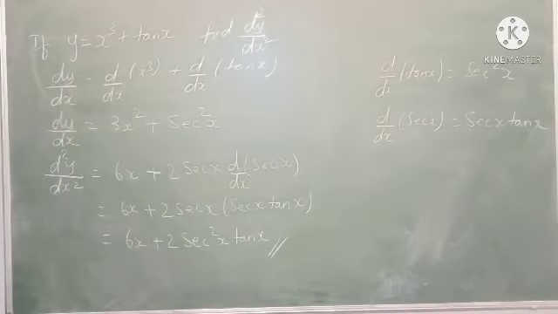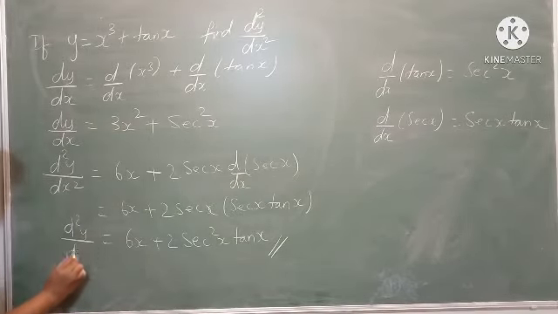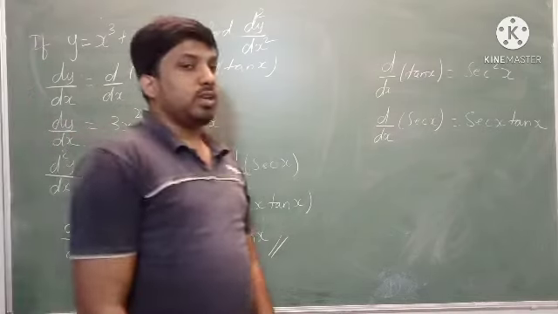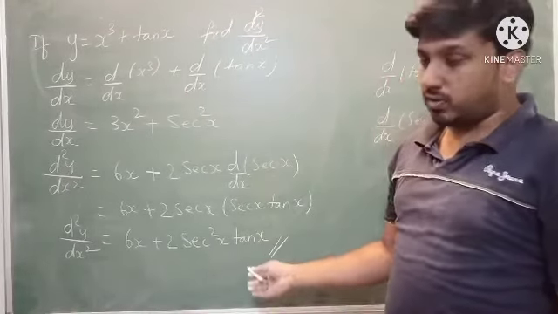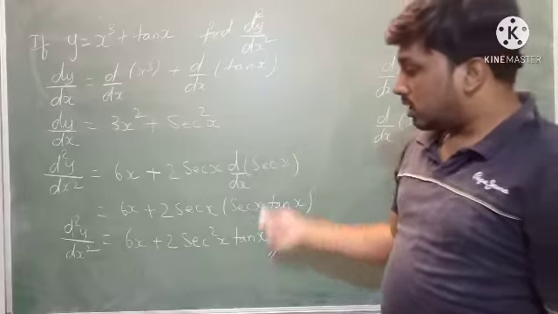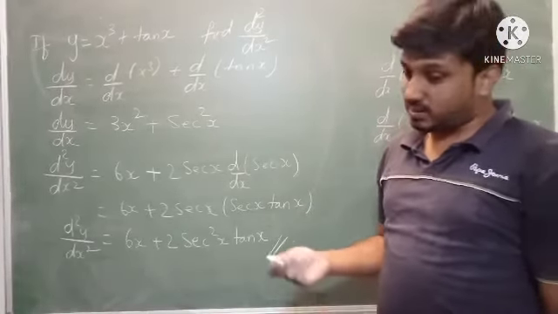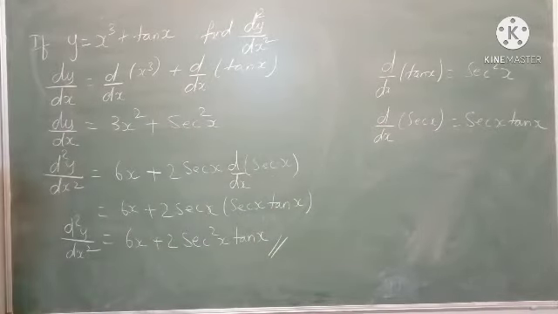So this is d square y by dx square for the function y is equal to x cube plus tan x. So this is the second derivative. If we again differentiate this, you will be getting d cube y by dx cube, and so on.